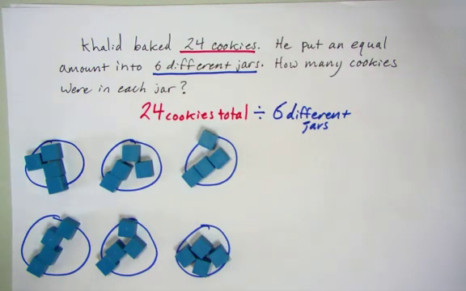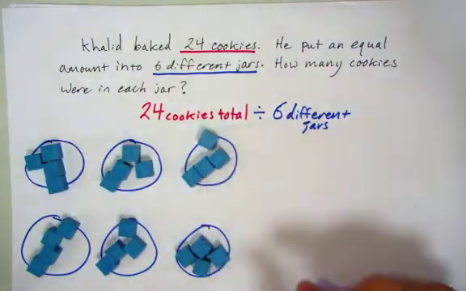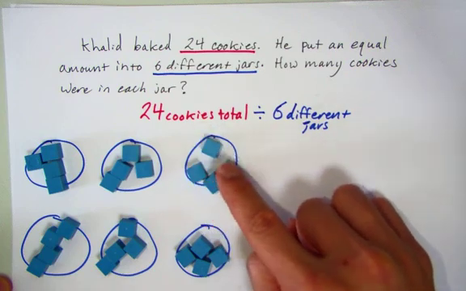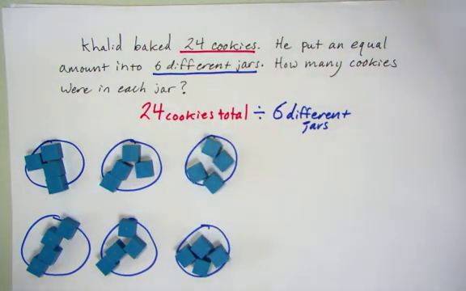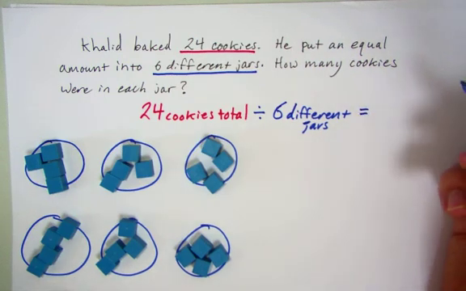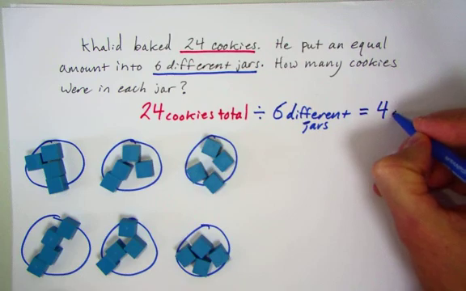How many are in each jar? Well, I can see from my work and using my cookies and my manipulatives that I have 4 cookies in each jar. Khaled has 4 cookies in each jar. So now I have my answer. I'm going to write 4 cookies.